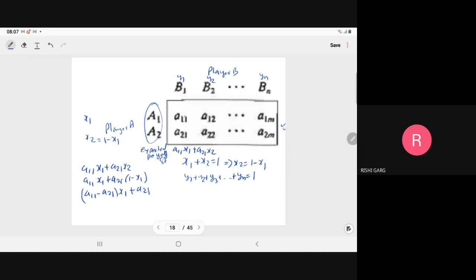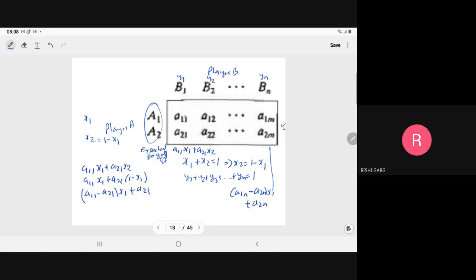Similarly, for pure strategy b2, it will become (a12 minus a22) x1 plus a22. Similarly, for the nth strategy, it will be (a1n minus a2n) x1 plus a2n.